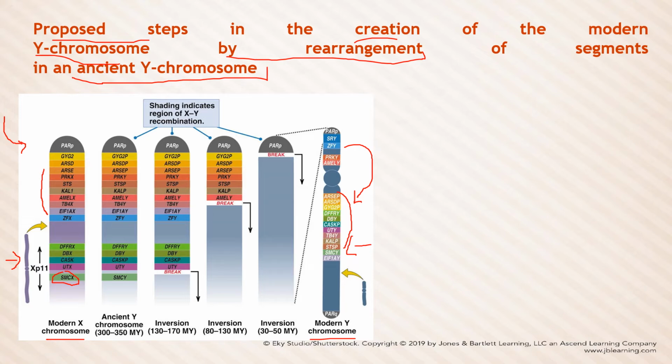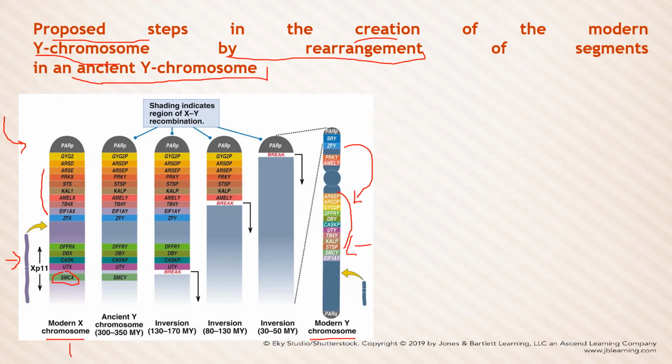To test that hypothesis, scientists have been studying ancestors, different mammals, and what they found is that in all of them there is clear evidence that there was a reorganization of the chromosomes and a loss of parts of the Y chromosome. So let's start talking about that.